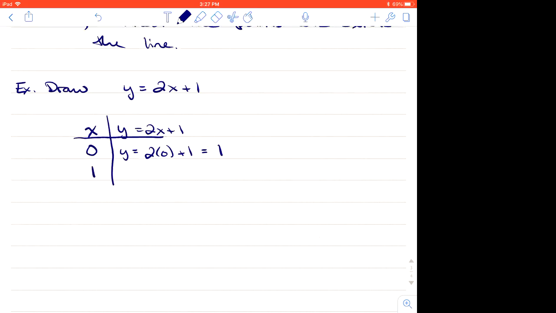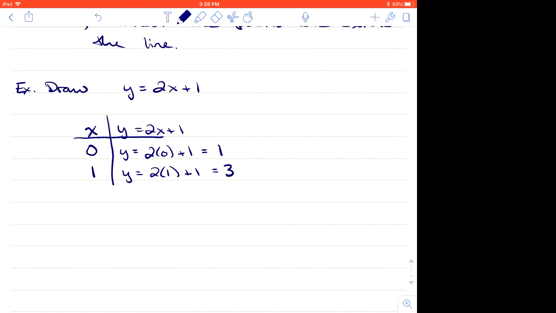One thing to remember, you can't pick a wrong number. It's just some make your life easier than others. We could have done x is 3/7 if we wanted to, but why would we want to? So then for the second one, y is 2 times 1 plus 1.